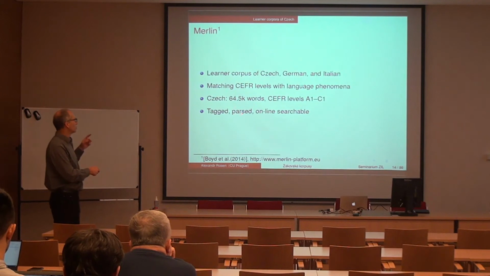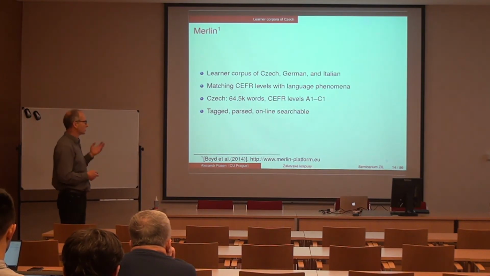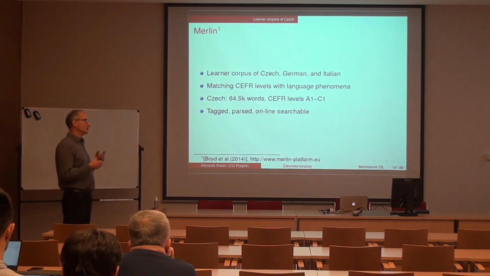And similar for German and Italian. So that was quite a successful project, and you have it online and you can check. The Czech part has only 64,000 words there, but it's nicely annotated with syntax and everything.